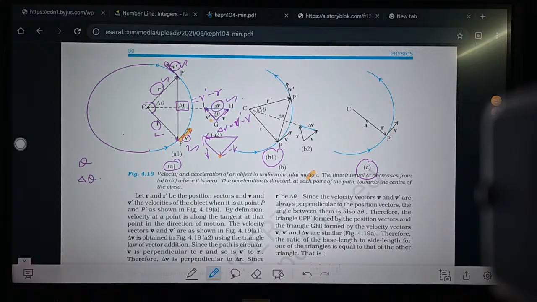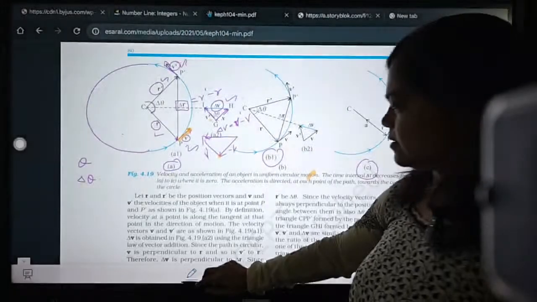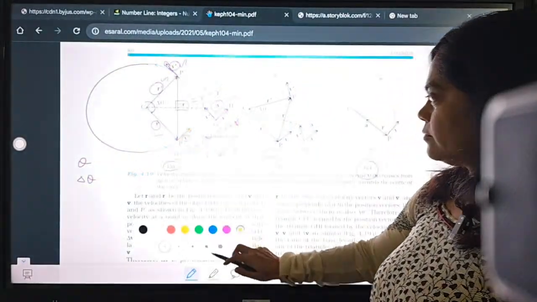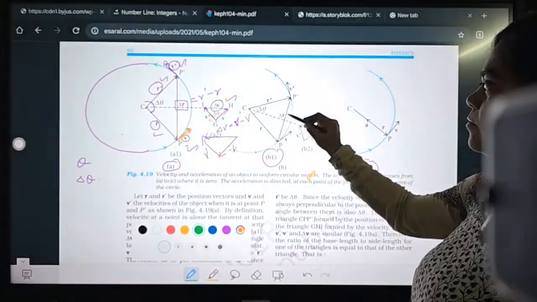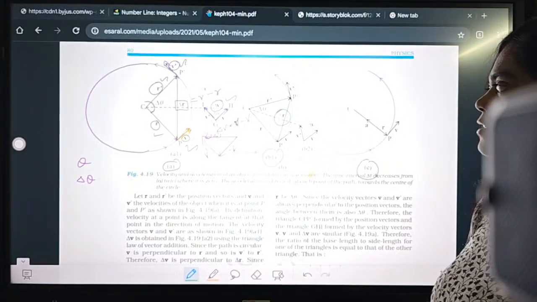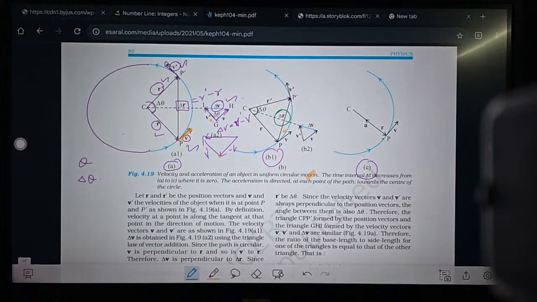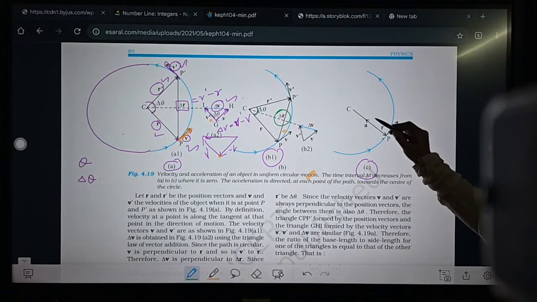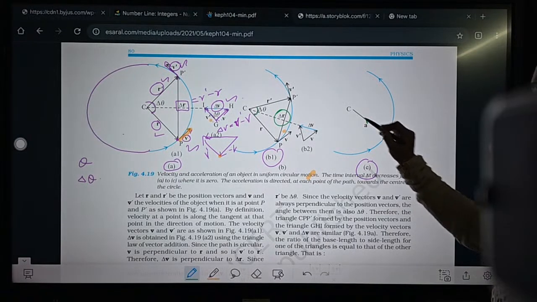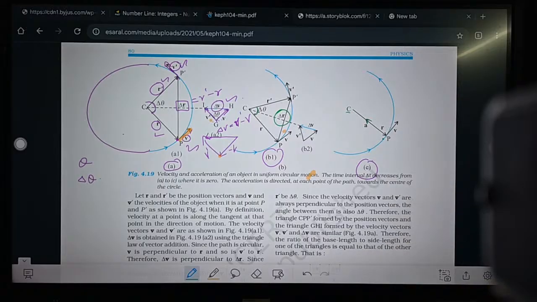Then see the next, what is given in the next mark? Delta R reduces, right? Delta theta reduces. So here what it says, the acceleration acting towards the center, it represents.